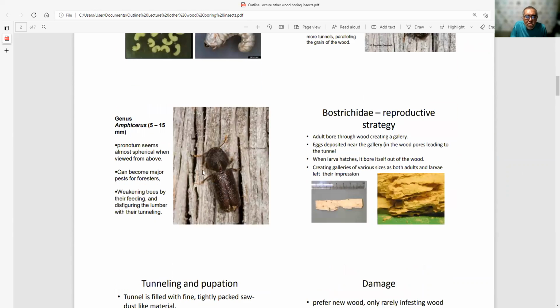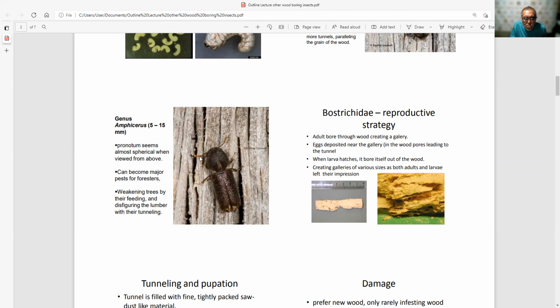This is another specimen, another species, Amphicerus. Pronotum seems almost spherical when viewed from above, nampak macam bulat, ya. Apabila dilihat dari atas, can become major pest for foresters. Ini bagi Jabatan Perhutanan. Dia adalah merupakan perosak yang serius, weakening trees by their feeding and disfiguring the lumber with their tunneling.